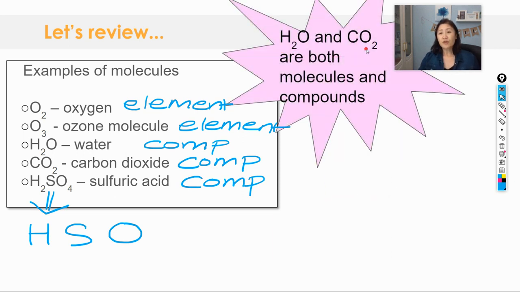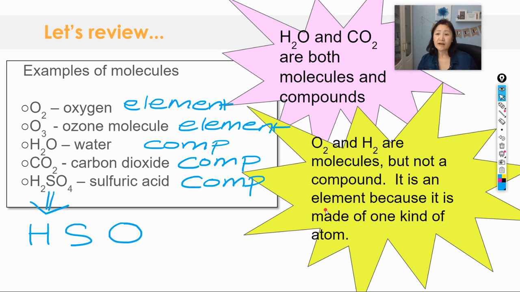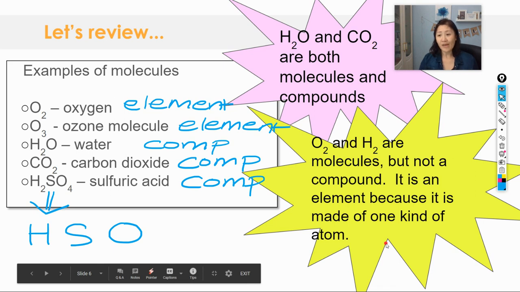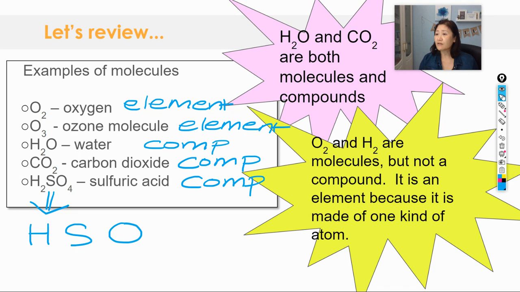So the summary is also there. H2O and CO2 are both molecules and compounds. And things like O2 and H2 are molecules, but they're not compounds. They are elements because they're made up of only a single type of atom.